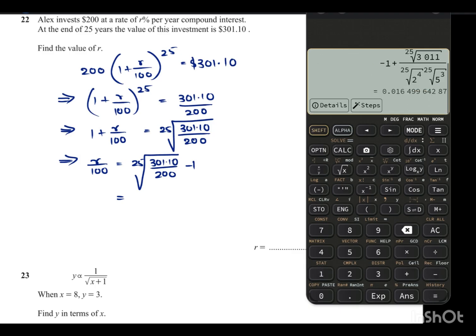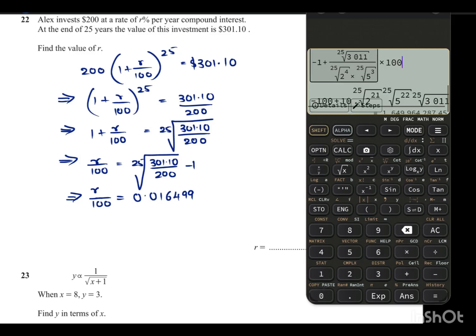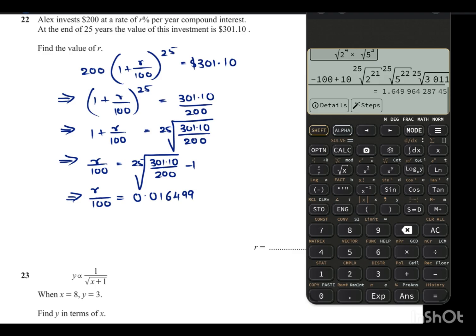We get 0.016499, which is R by 100. To get the value of R, we need to multiply this value by 100. That gives 1.6499.